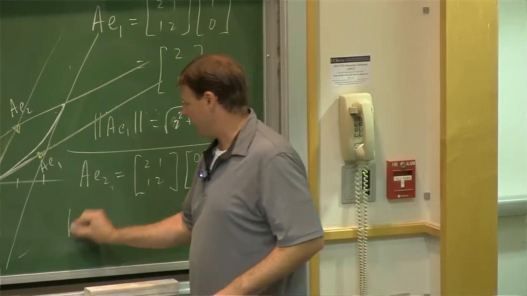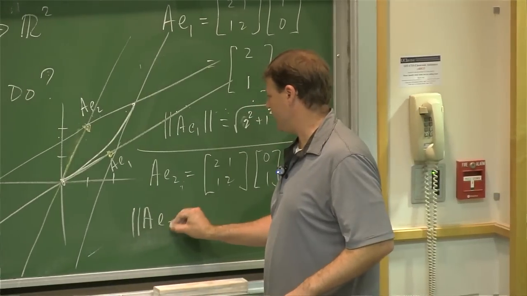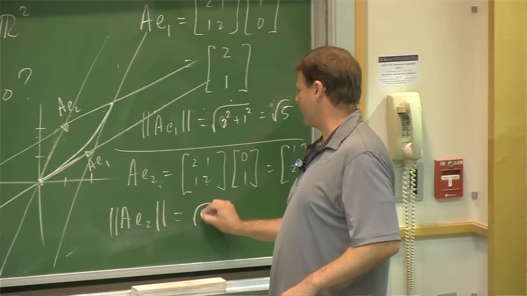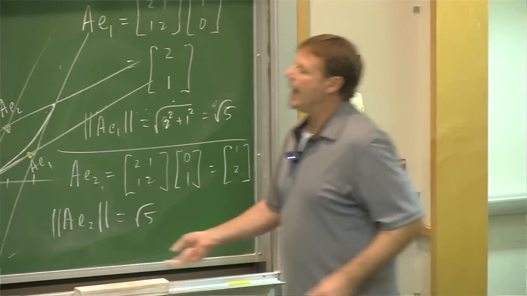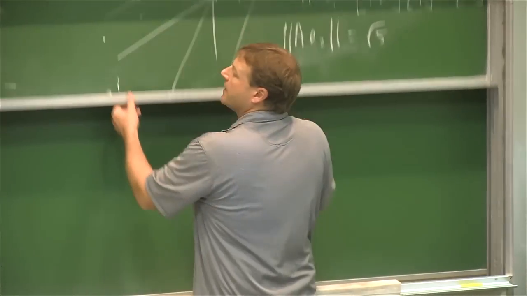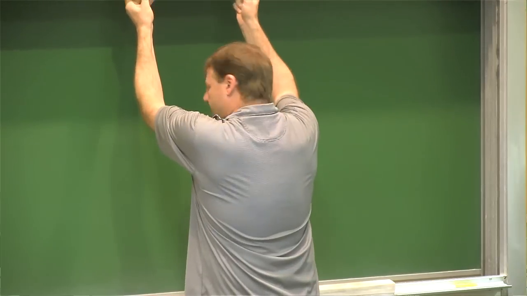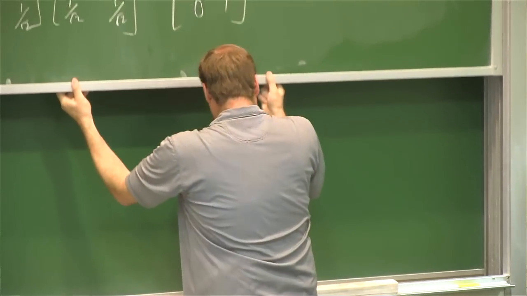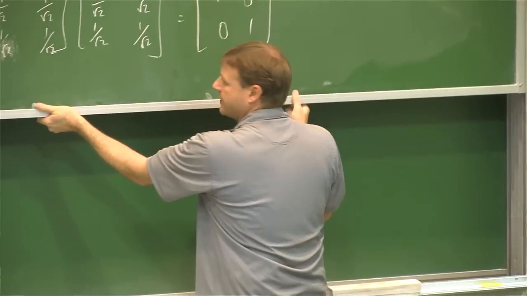Let's also calculate the length of E2. That's also equal to root 5. So what happened here, let me just write this down. What happened is not only did I rotate, but those vectors also got longer.